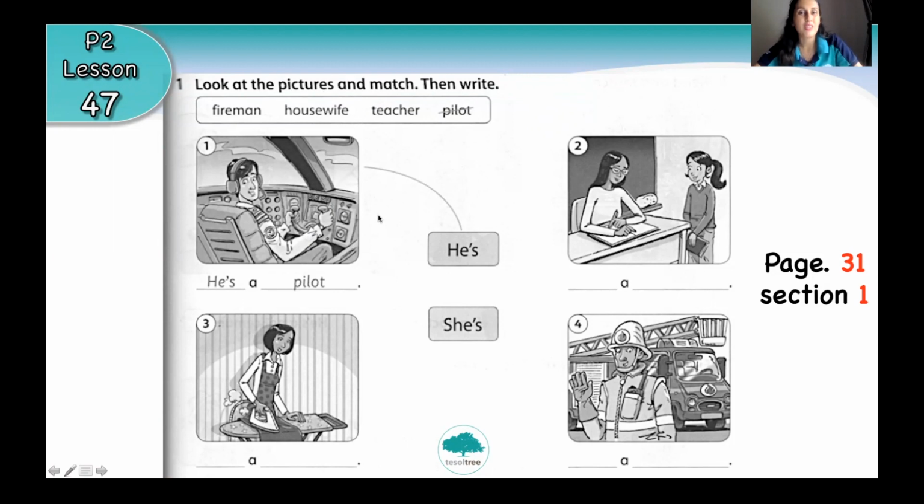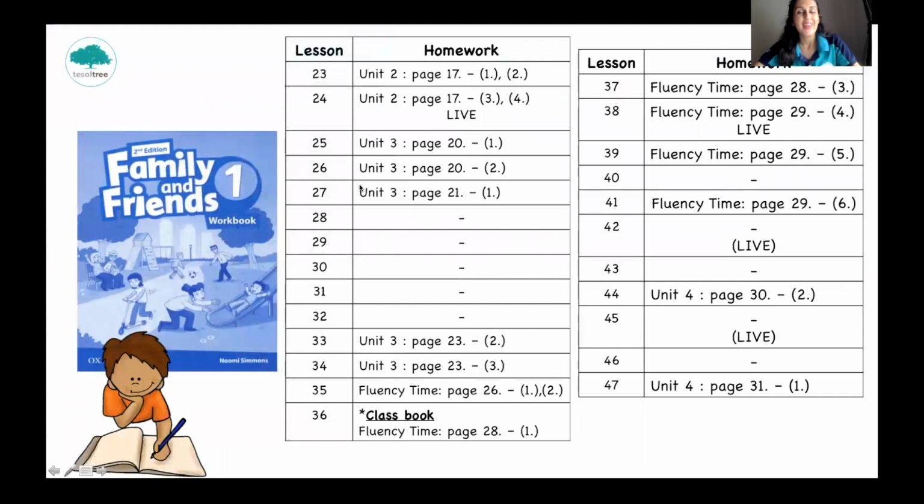So choose these words and then write the sentence, he's a pilot. Very good. Let's check your homework next time. And if you look at this page, you can see all your homeworks. So if you haven't finished your homeworks, please do it.